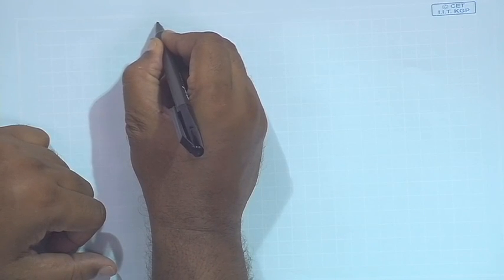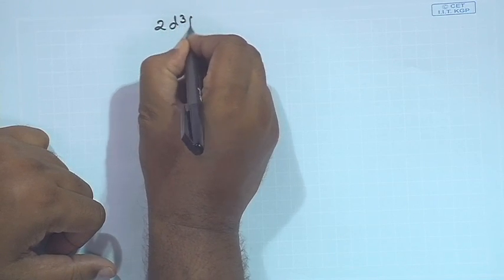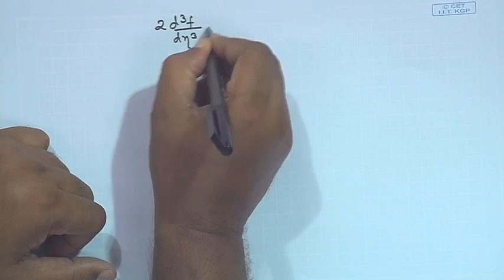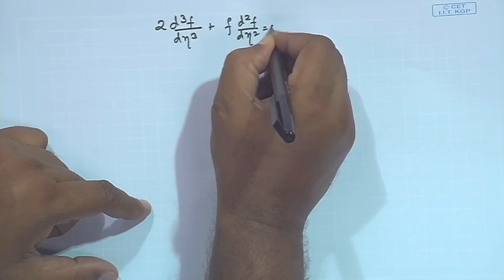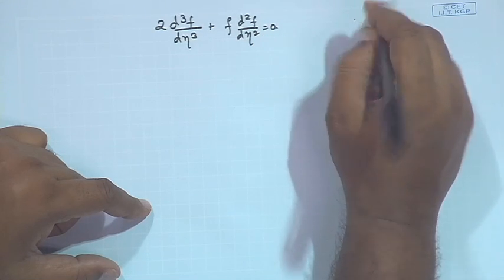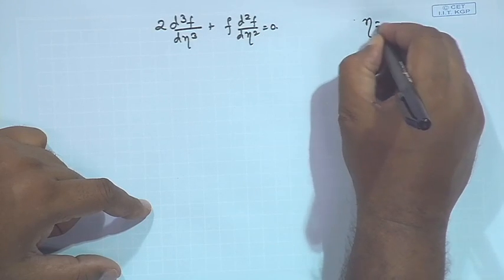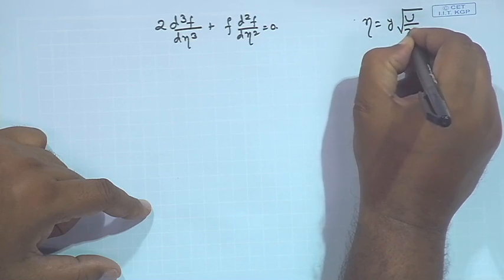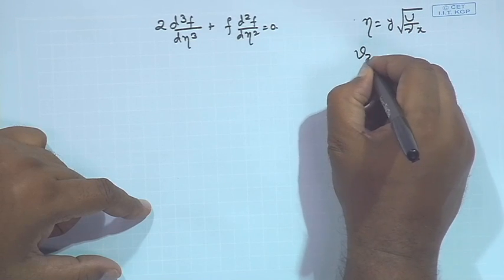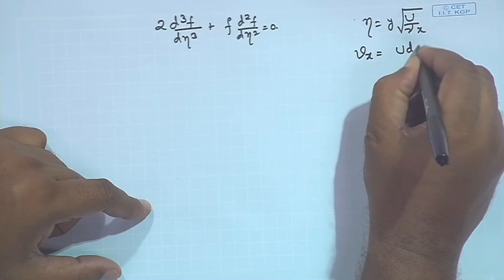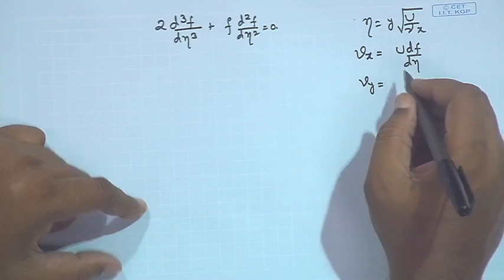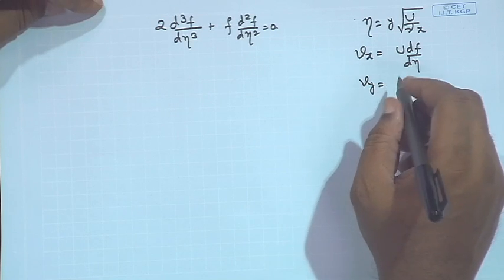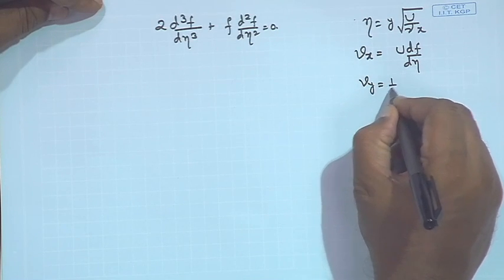So we are starting with this equation, the governing equation. We also know that eta is defined as follows, and we have seen the expression of Vx to be df d eta, and the expression for Vy to be half of the following.